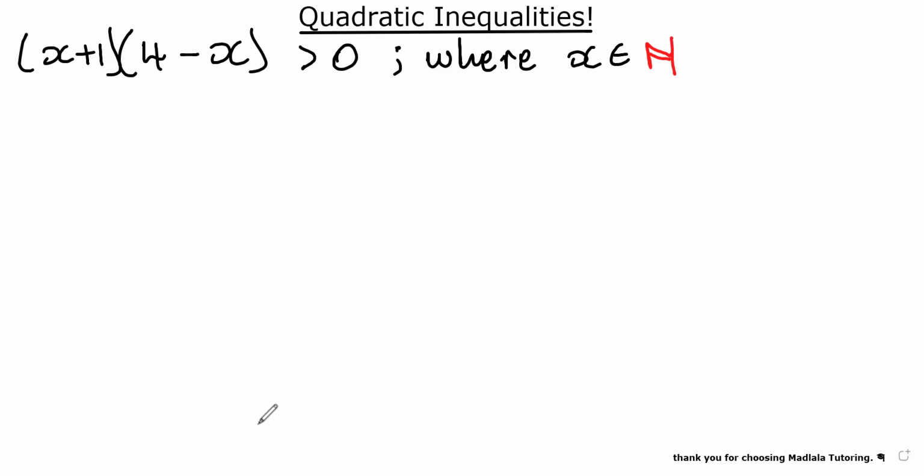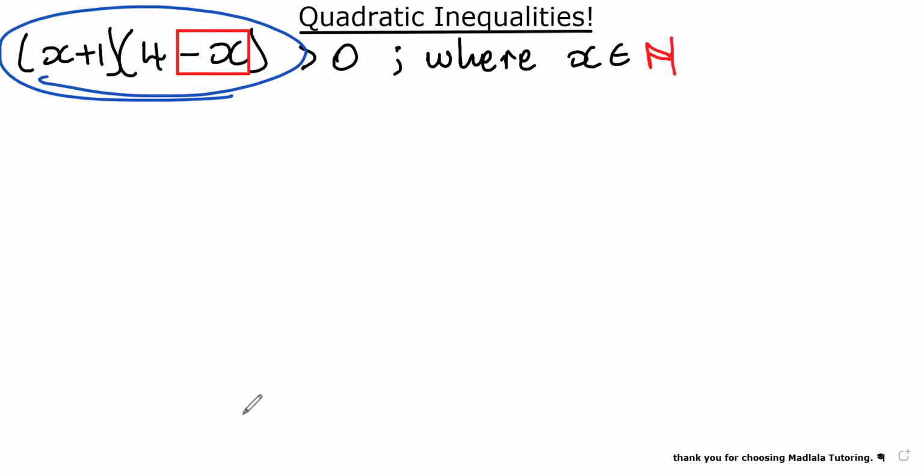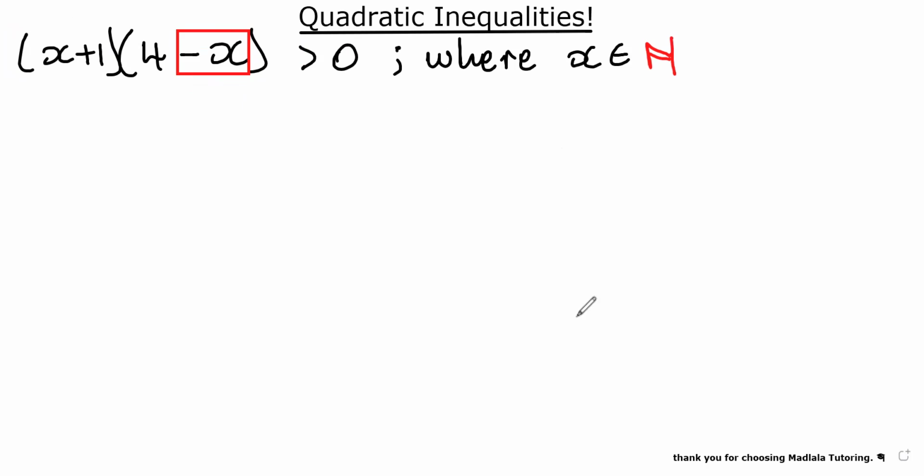Well, the first thing I would like us to fix is this negative x because we always appreciate it if the coefficient of x is positive. You don't need to distribute this entire thing, you don't need to expand it, you don't need to use the FOIL method. You can actually cheat this. How can you cheat it?